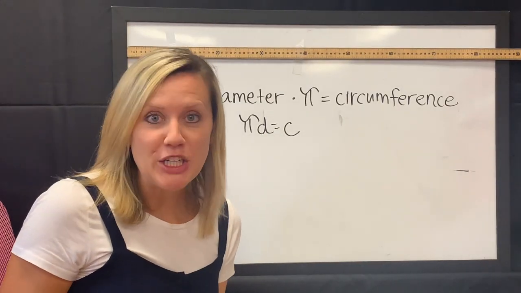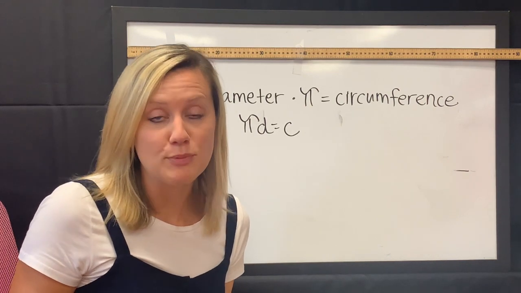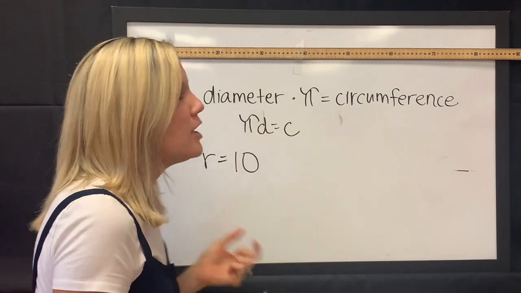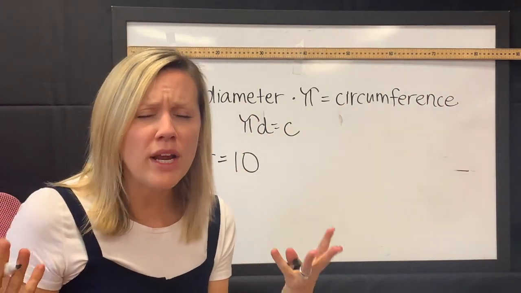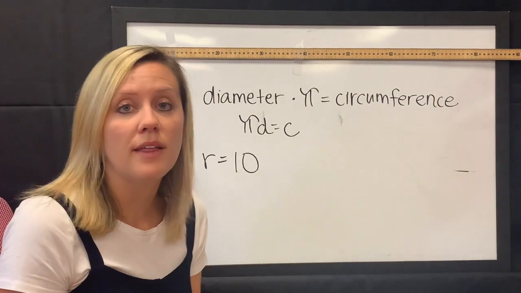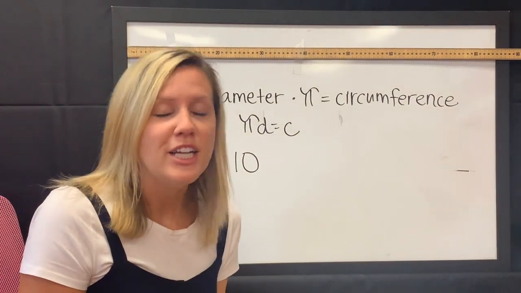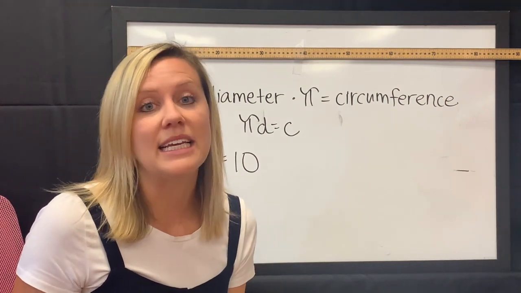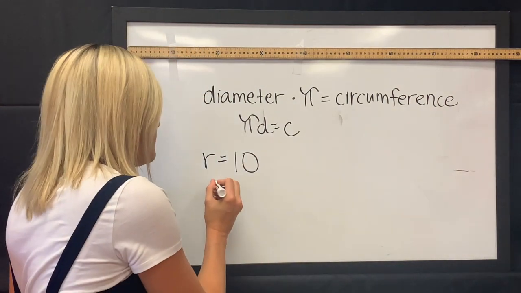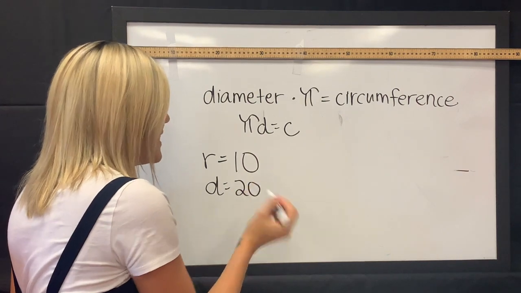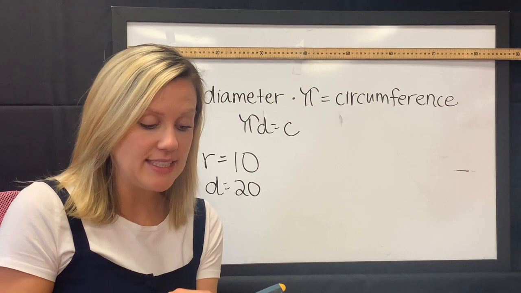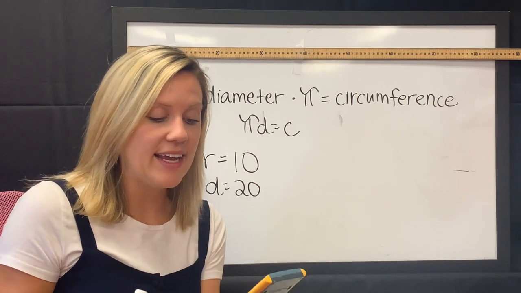Let's do one more. Let's pretend this time we didn't know the diameter, but we knew the radius was 10. Okay, so in our heads, we don't really want to know the radius for this formula. We want to know the diameter. So I'm going to double the radius right away. So I know 10 doubled is going to equal 20. Okay, so I'm going to take 20 and multiply it by pi. 20 times pi, and I get a big long number.